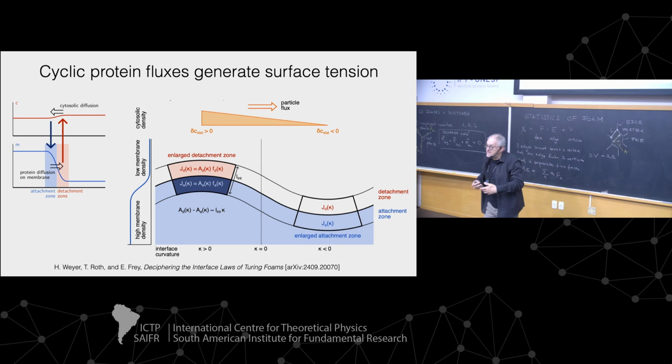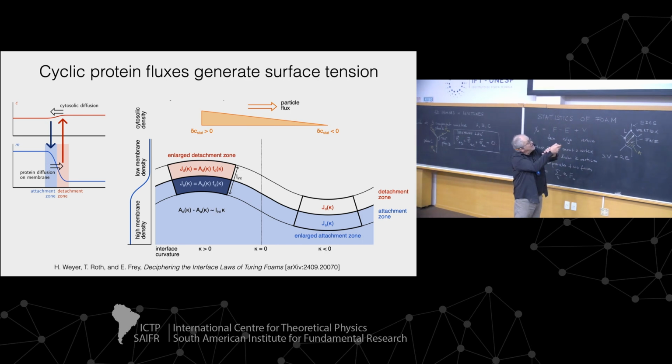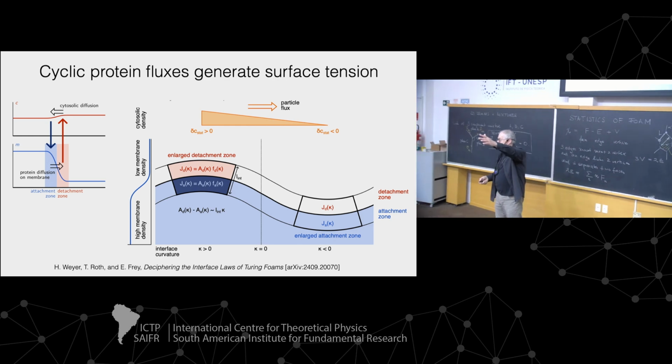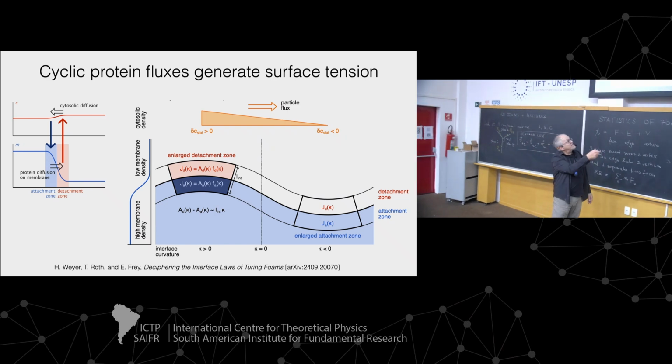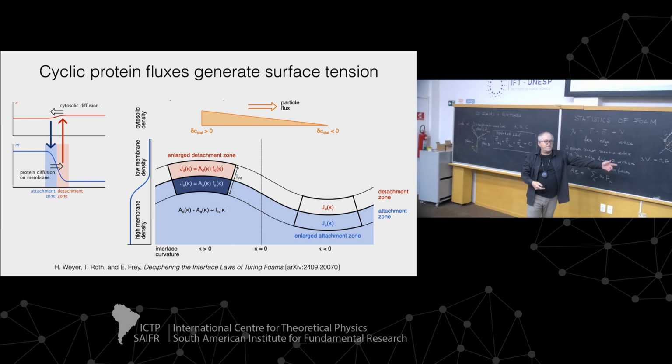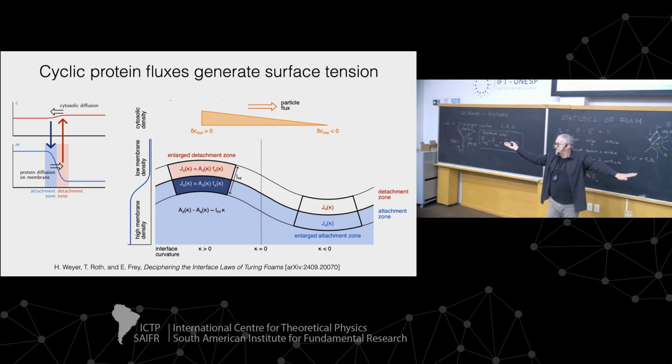And that creates now, because of the gradient of diffusion in the cytosol, a flux. Where does this flux go? Obvious, right? It goes to the right. That means where you had a depletion of particles, they are filled up. And where you had a surplus of particles, you lose them. And that means you're evening out the interface, right?